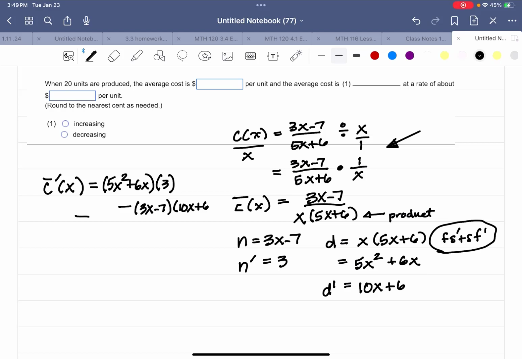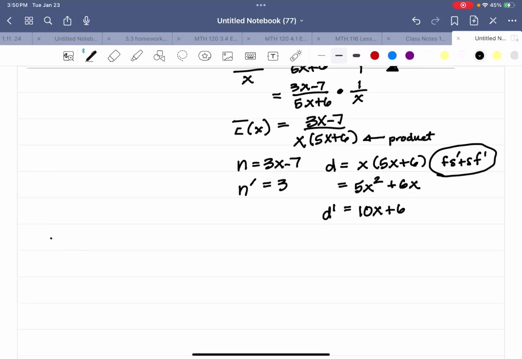Then I'll put brackets around all of that to show it is over our denominator squared, so 5x squared plus 6x, squared.